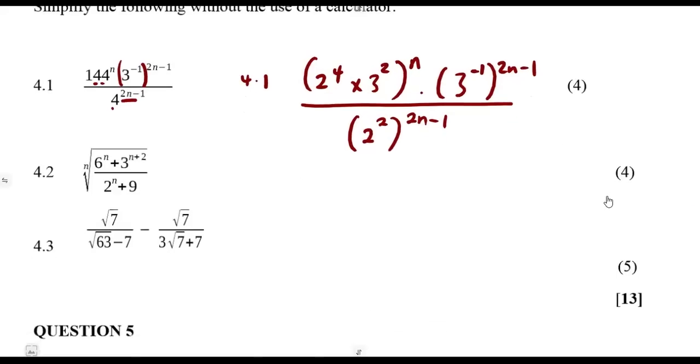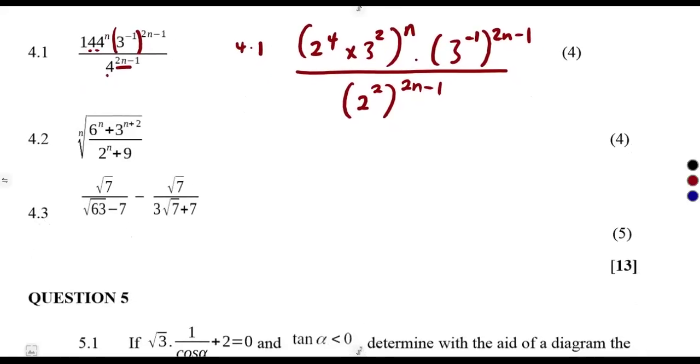So let's simplify, guys. Remember your laws of exponents. Any part raised to a certain exponent inside of the bracket, every part will be raised to the exponent of n. So it will be 2 to the exponent of 4 times n, which is 4n, times 3 to the exponent of 2 times n, which is 2n.